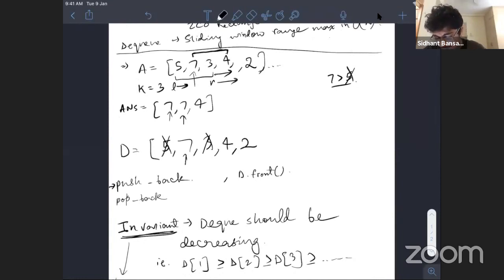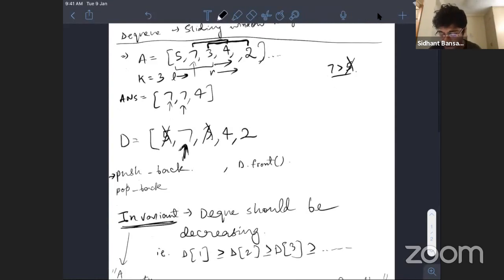The issue is now, if you try to access d dot front, you'll still see 7, but 7 is not actually the answer because it got kicked out, because the window that we are actually looking for is 3 4 2 and 7 is not in the window. So the way this works out is you actually need to have a pair. The issue here is that we still think that 7 is inside our range. We need to update our data structure to know that 7 is not in our range anymore.